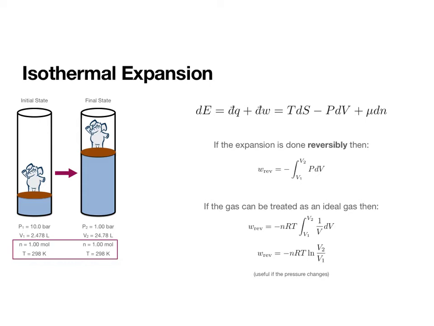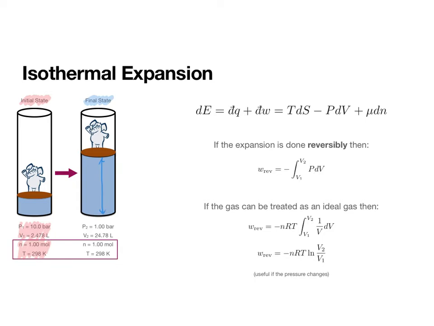Okay, so let's make sure we know what an isothermal expansion is. Basically, we are going to start in our initial state with some pressure, volume, number of moles, and temperature. And we are going to expand the volume. And this volume is going to get larger.